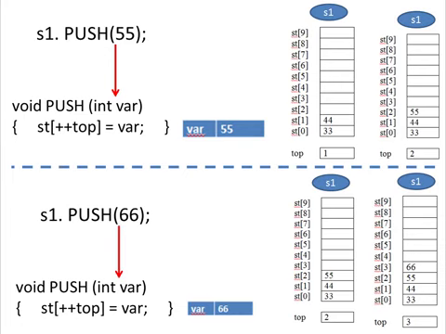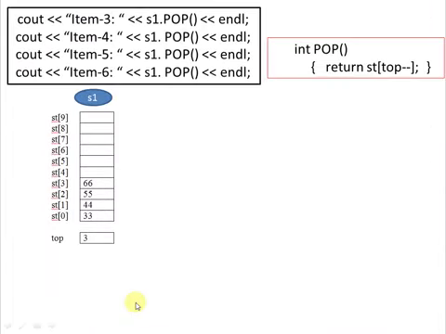If we want to remove an atom from the stack, the first value to be removed will be 66. How will it be done? Look at this first line of the program which will remove the value 66 from the stack.